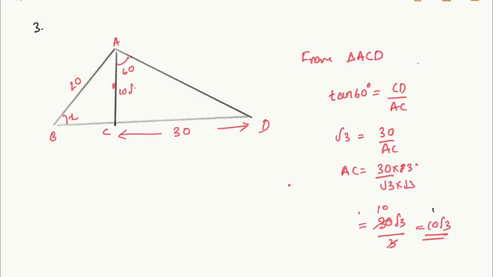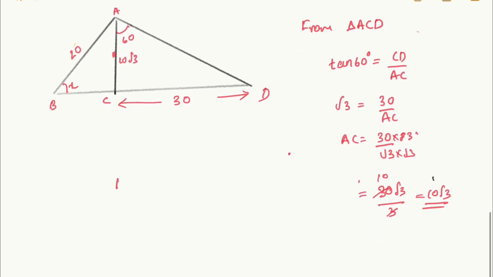So we got this value as 10 root 3. Now from triangle ABC, you need to find x. In order to find x, you have the perpendicular and the hypotenuse. So sin x equals AC by AB, that is equal to 10 root 3 by 20.